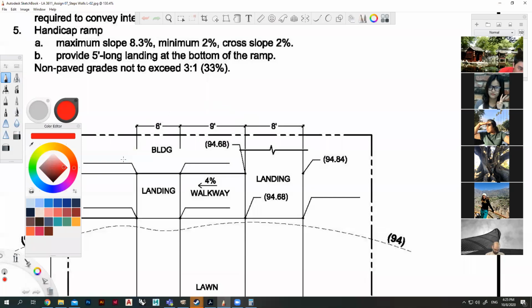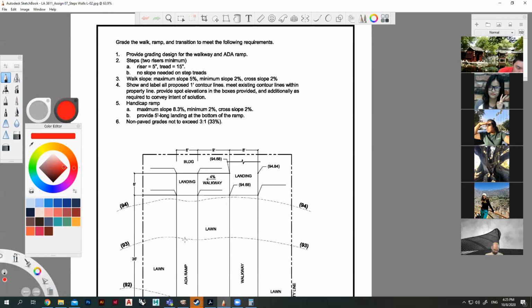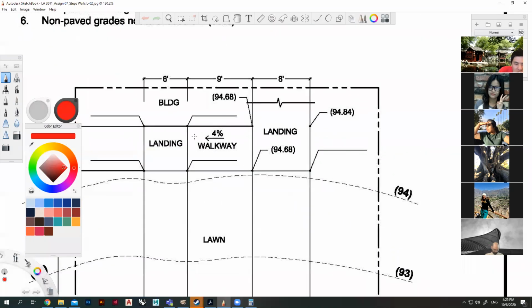Everything is almost measured out for you, so you don't really have to measure. That's the easier part. By looking at this, we know there's no cross slope this way because these two numbers are the same. So we can assume this one is the same as this one: 94.84.